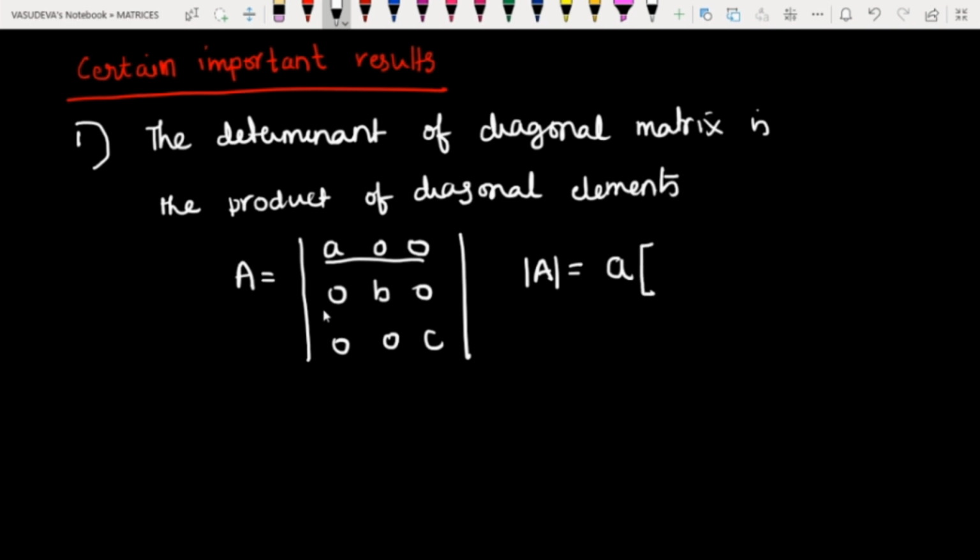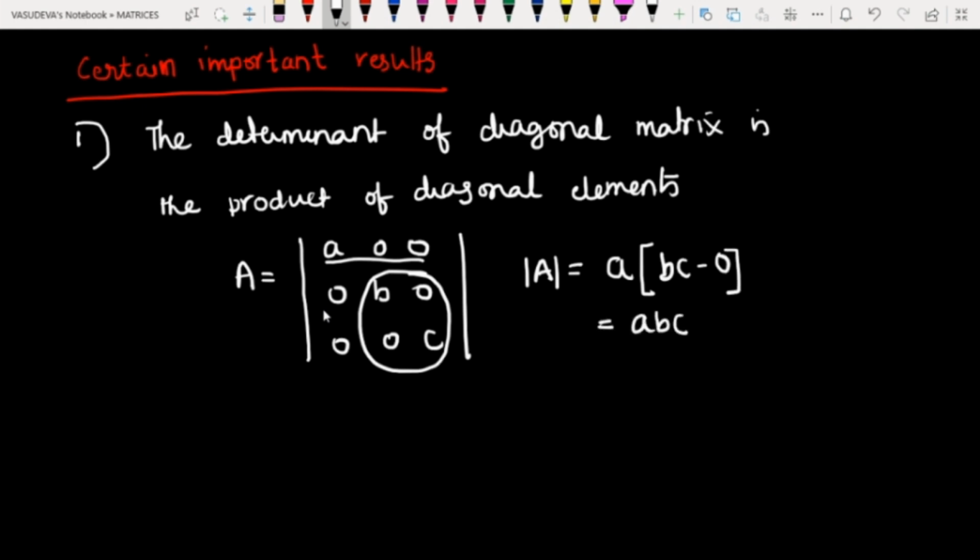the determinant. So now the elements, leaving the first row and the first column, are B 0, 0 C, and multiplying those, the second order determinant is B into C minus 0, and that is equal to ABC.